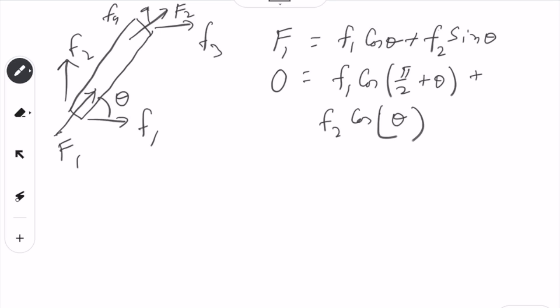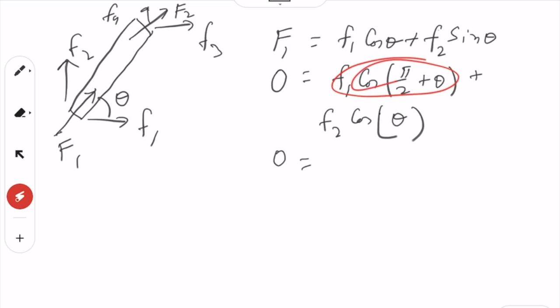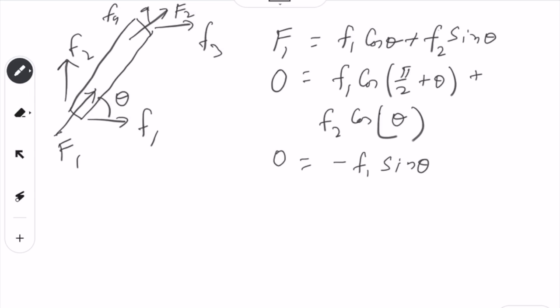Yeah, so we can write 0 equal to, and this is nothing but minus sin theta, so minus F1 sin theta plus F2 cos theta.